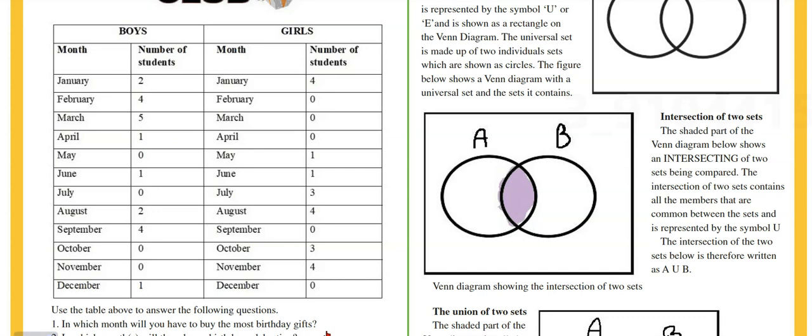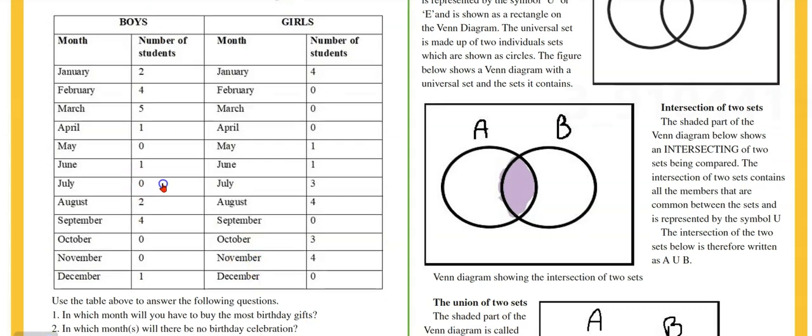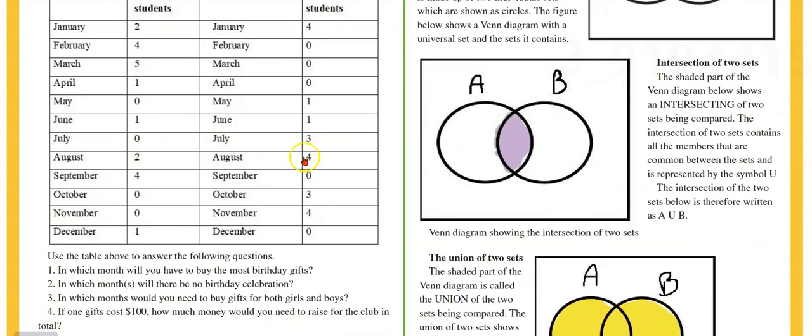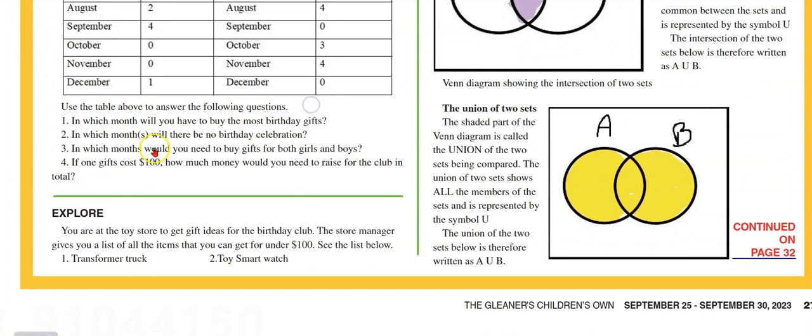July, no, because for July we have no boys celebrating birthdays. For August, yes. September, no. October, no. November, no. December, no. So for the months of January, June, and August, those 3 months we see there.